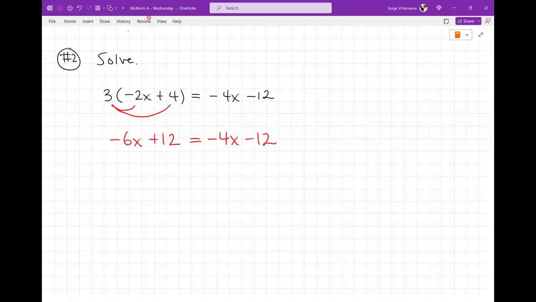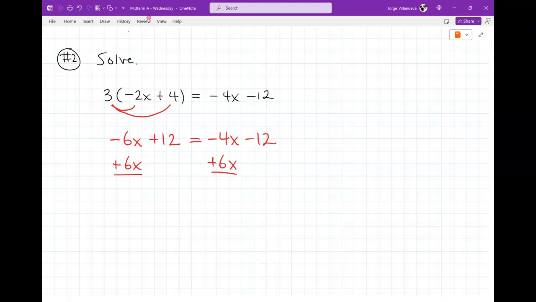Any one you want, really, it's up to you. I prefer to move the smaller of the two variables. So negative 6x is smaller than negative 4x, so I'm going to add 6x to both sides. Now, it doesn't matter. You can add 4x to both sides. You'll still get the same answer.